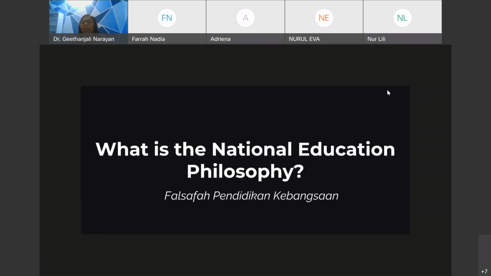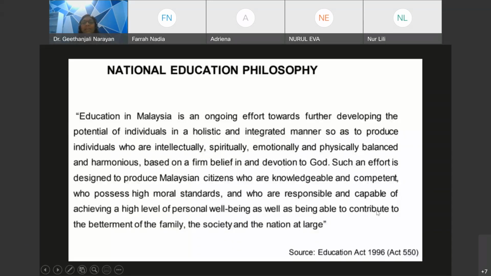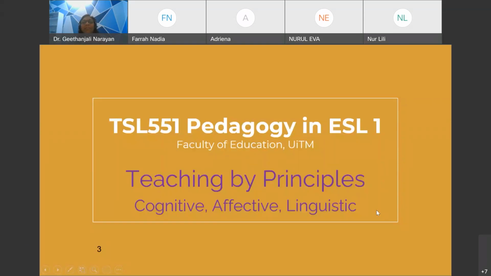Okay, I hope you can still remember the philosophy of education of Malaysia. Right. All right, so this is from one of the textbooks, Teaching by Principles. Okay, so we have three areas: cognitive, affective, and linguistic.